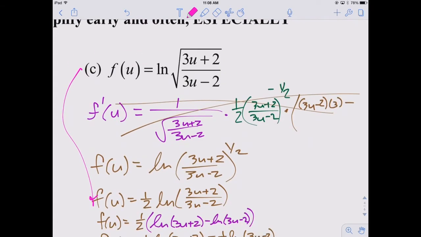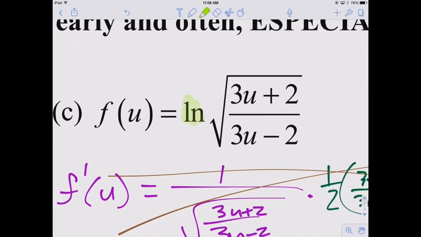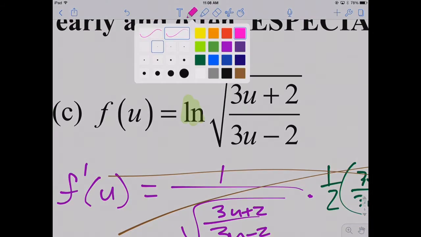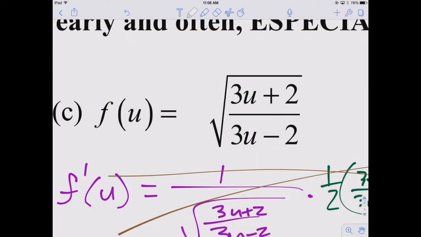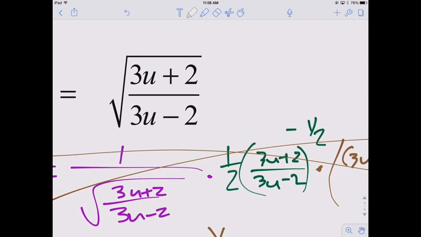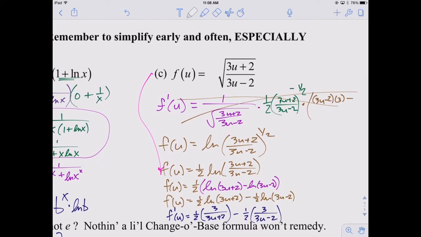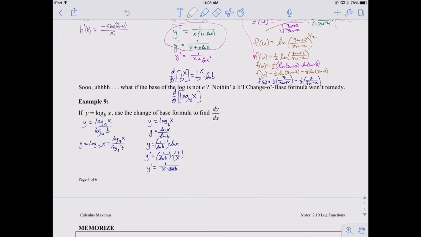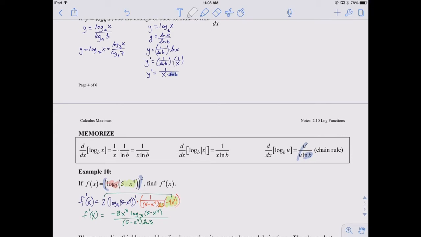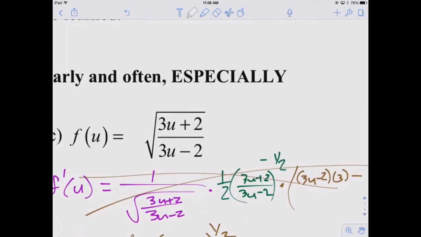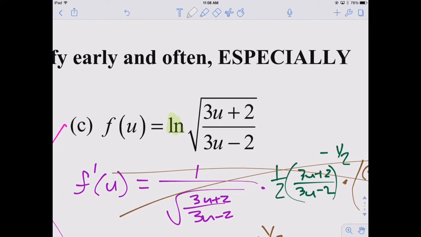But it was all incumbent upon that natural log being there. Agreed? If that natural log had been absent, then we probably would not have been able to use the log properties to rewrite it. We would have had to use brute force and hit it with the sledgehammer, and we probably could have been successful. But thank goodness it was there, right? Thank goodness. Let's just appreciate it one more time.